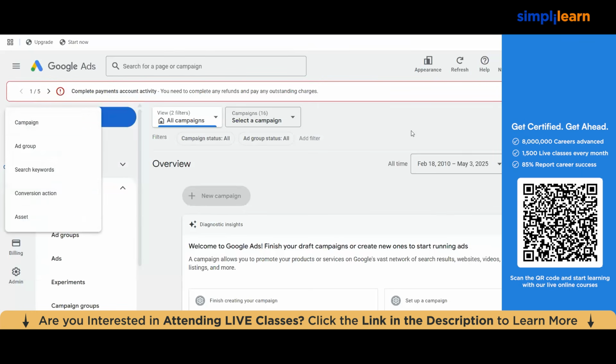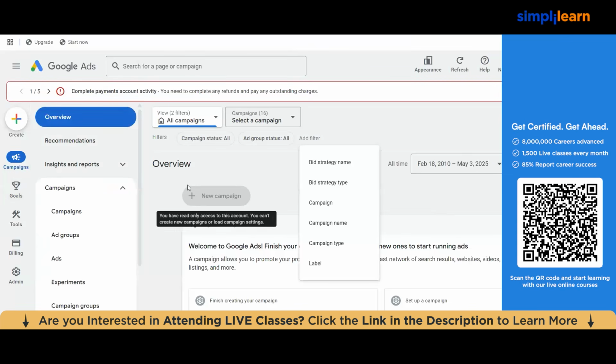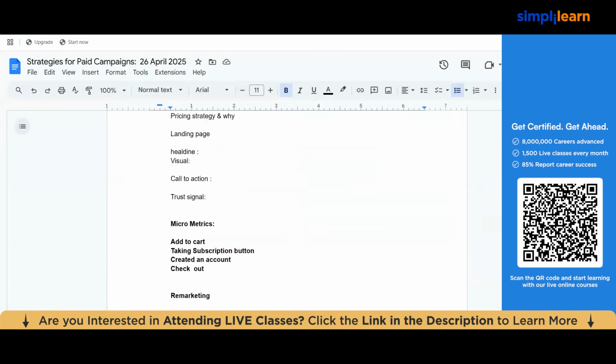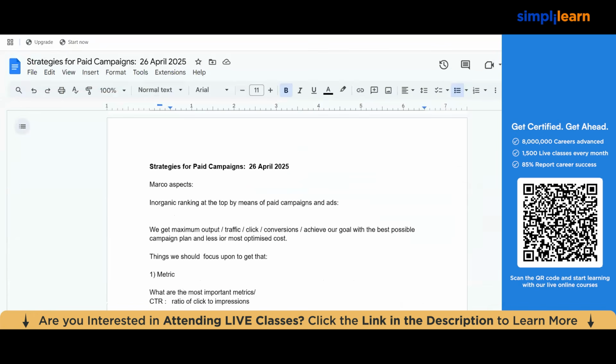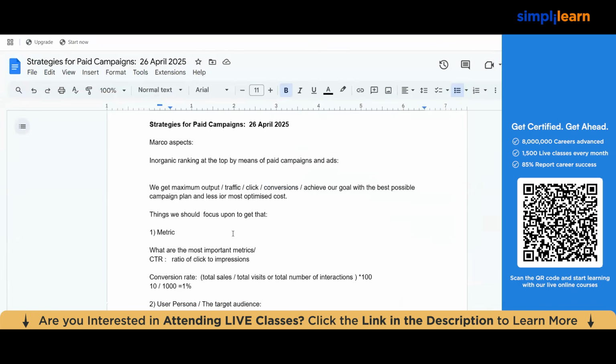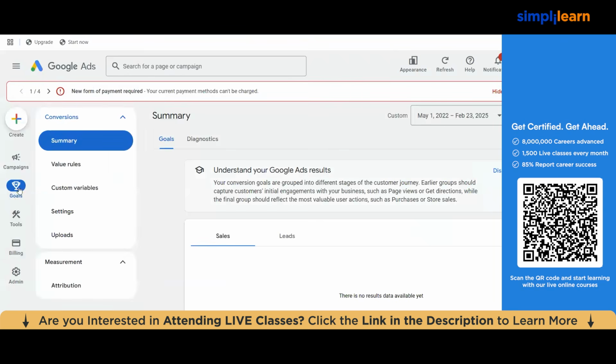I'm not going to do that. Once you have a campaign running, remember I said in the strategies for paid campaign session, and even when we were doing the SEM campaign, that everything is about the goal and the objective, and that's the major macro metrics, right? So let's suppose you can find a goal thing over here. Can you all see that?